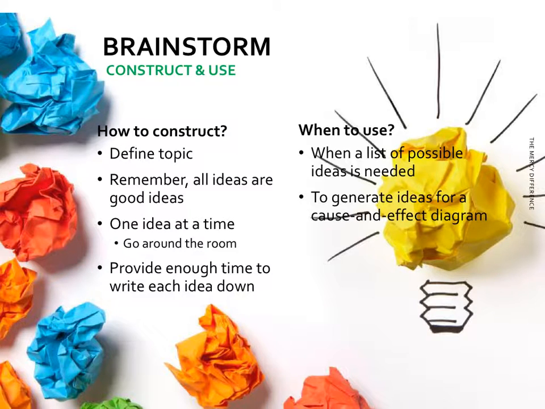They're all going to have some type of merit. But ultimately, in the end, we need to filter down to determine the best ideas. The brainstorm is intended to give us a lot of great ideas for potential solutions. So when to use it is when you need to generate a list of ideas, or perhaps it could be used for a cause and effect diagram or a Fishbone tool as well.